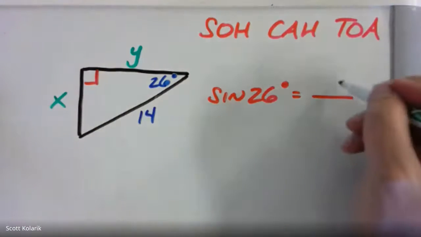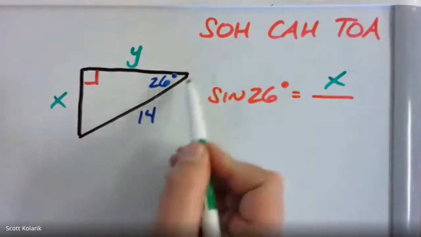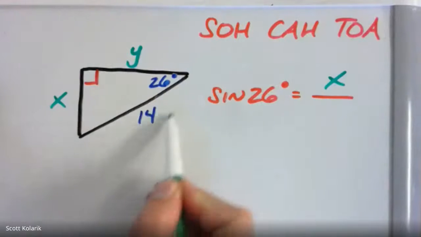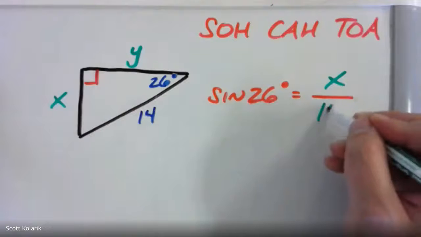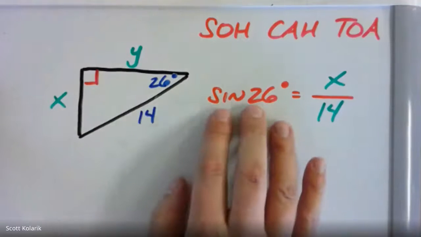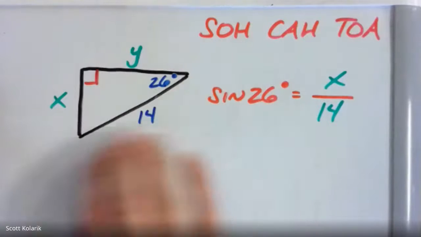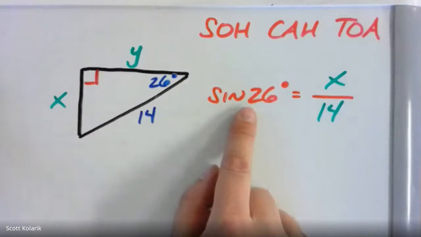And so this ratio, opposite over hypotenuse, I'm just looking compared to where that 26 degrees is located. So it's opposite 26 degrees. This is my unknown, the piece I'm solving for, x. And then the hypotenuse itself is the longest side, being this 14 unit side. So whatever the sine of 26 degrees is, no matter the size and no matter what lengths I have here, the sine of 26 is actually always the same number. It was that crazy 0.438 number that we saw in the calculator a couple times now.